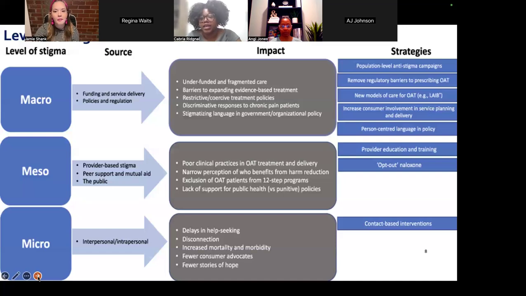And then, of course, those levels of stigma have certain impacts. So whether it be barriers like we feel in Texas often, expansion to insurance or additional care. The next step on the meso level is having those providers have a certain perception of what service delivery looks like.